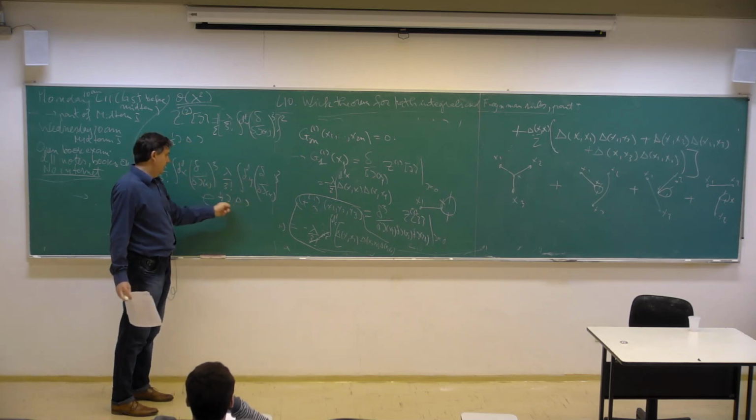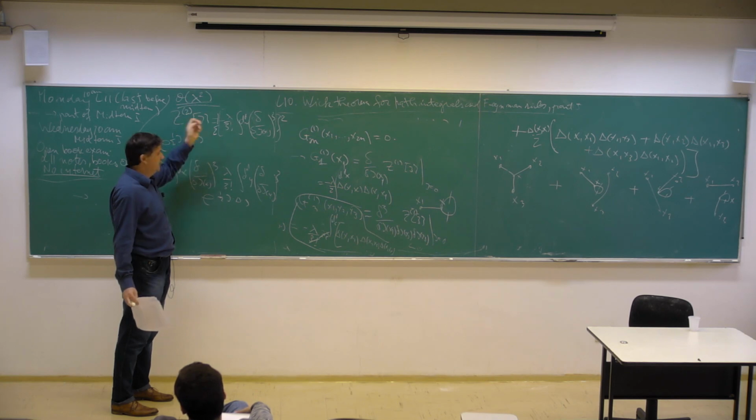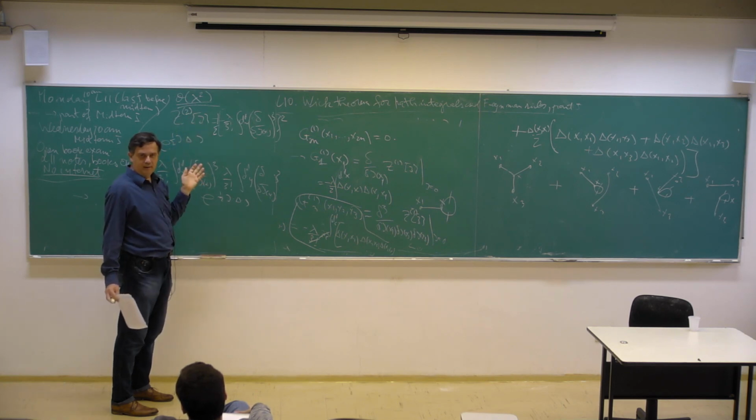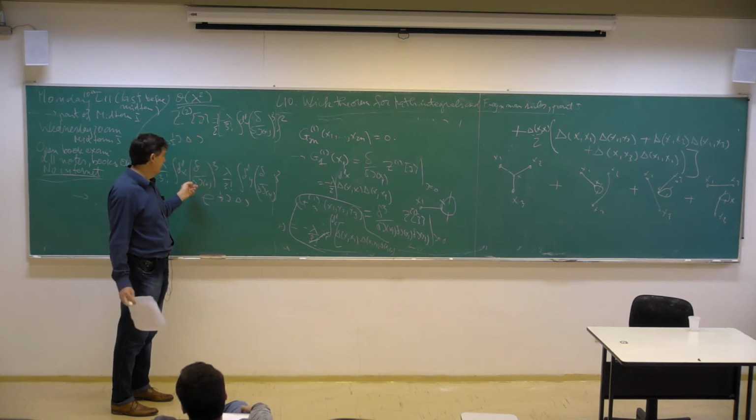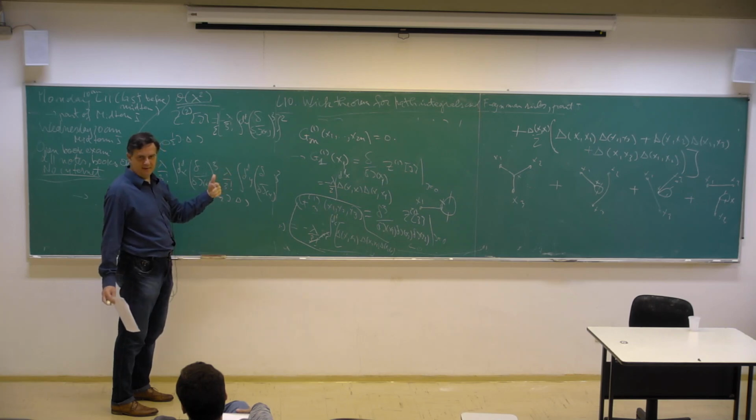And here I have even powers of j, right? So the result of this Z2 of j will be even in j, right? I have 6 derivatives, so that removes 6 j's out of an even power.